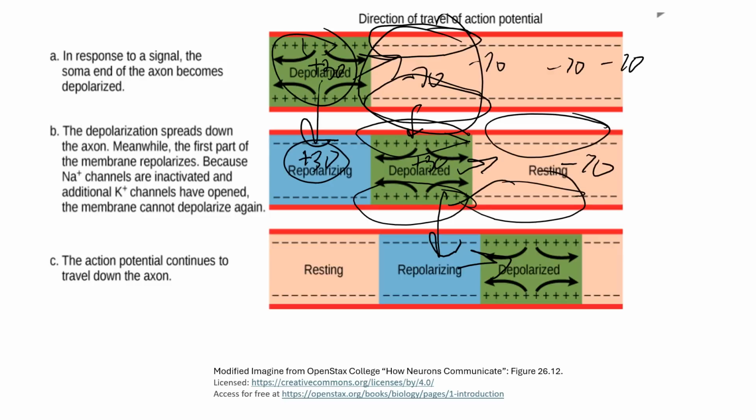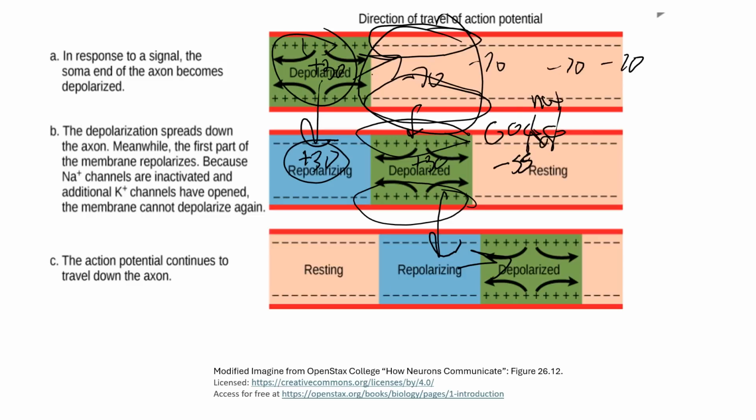And then what's going to happen is the action potential is going to move from the depolarized region into the next region of the axon, where it's still negative, right? Negative 70. And as that area of positivity moves towards that area of negativity, it's going to easily depolarize this region where it's negative to negative 55 millivolts. Voltage-gated sodium channels are all going to open up.